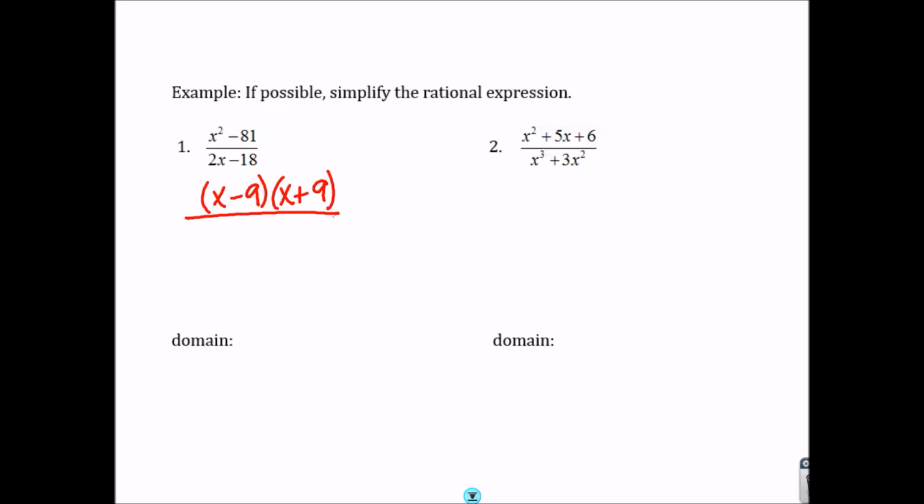The denominator is a linear expression, so all we can do is factor out a GCF, which is 2. Then we can cancel any common factors. So we can cancel out the x minus 9 because both the numerator and denominator have x minus 9. So then our final answer will be x plus 9 over 2.